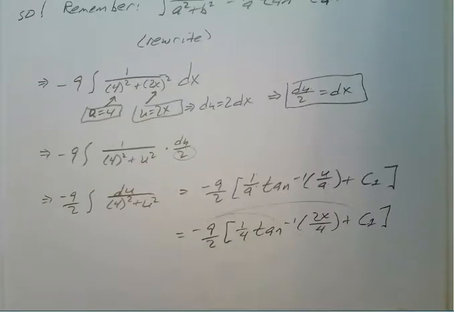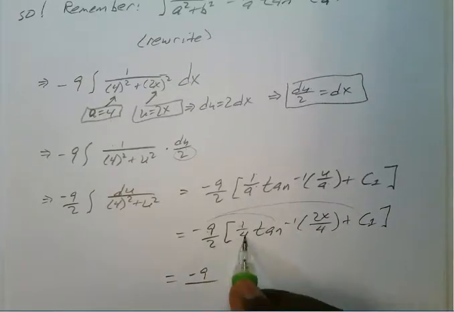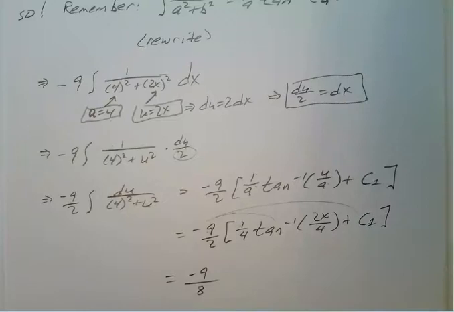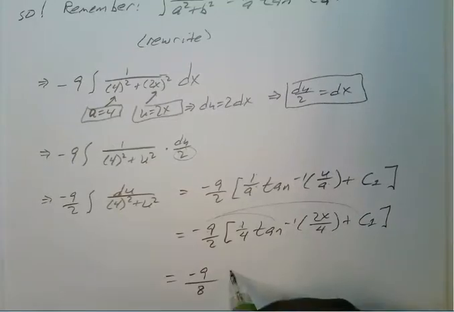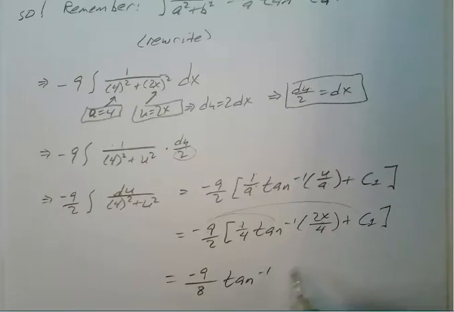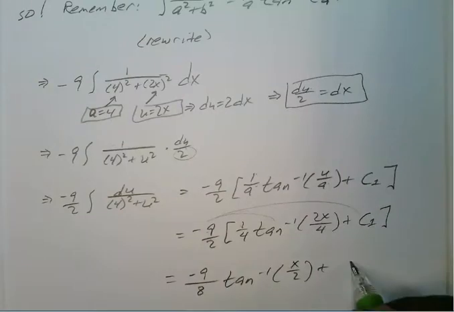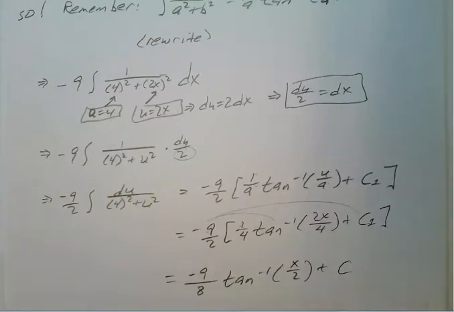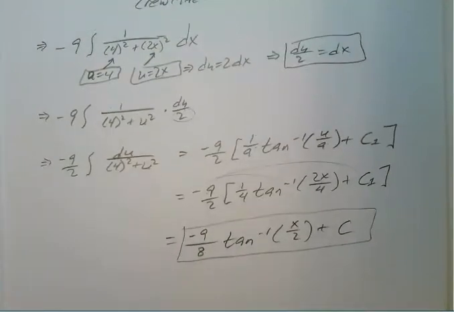So if we go ahead and distribute, negative 9 over 2 times 1/4, negative 9 times 1 is of course negative 9, 2 times 4 is 8, so you have negative 9 over 8, tangent inverse, and this can be simplified to x over 2, plus negative 9 over 2 times a constant, still a constant, so we'll call that c, which is your answer.